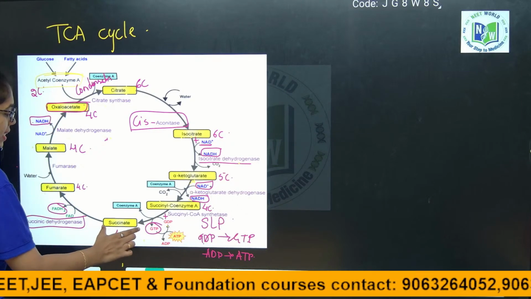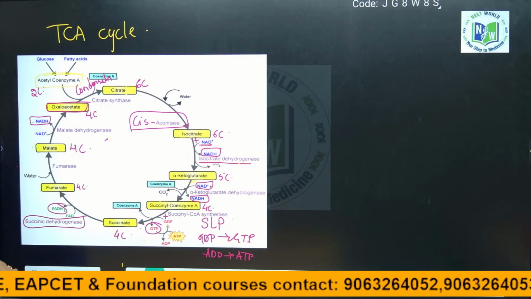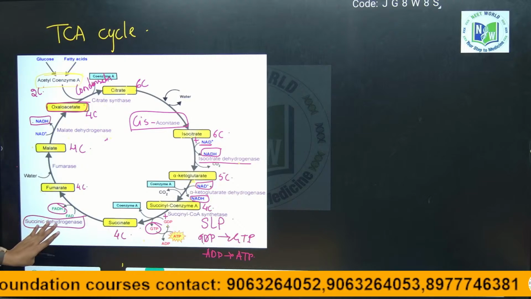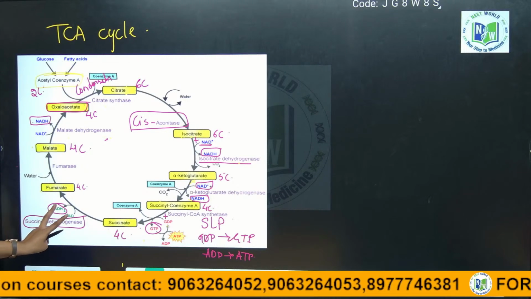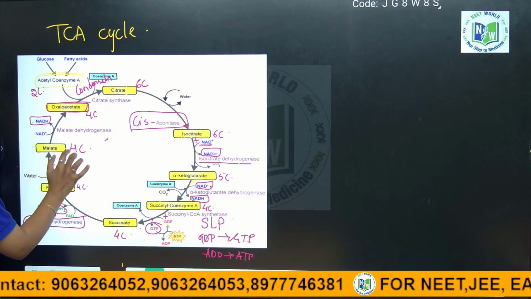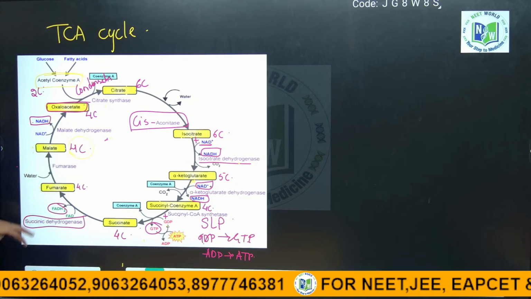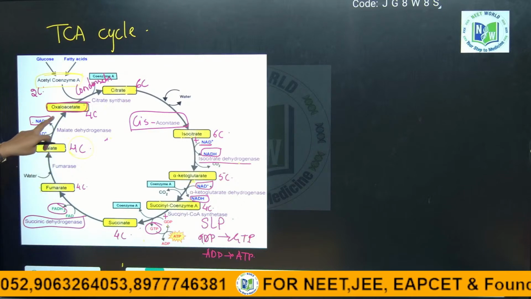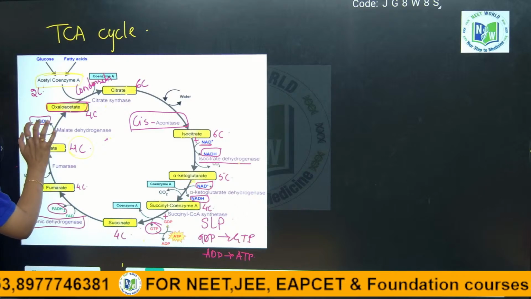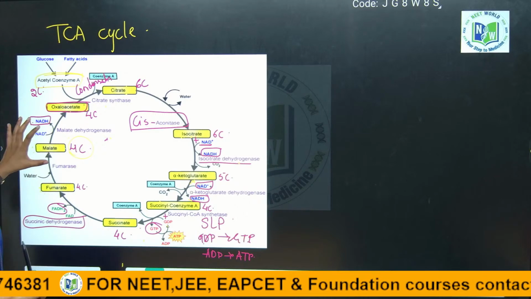Next, succinate to fumarate, a 4 carbon compound, catalyzed by succinic dehydrogenase, and here also one FADH2 molecule is released. Fumarate to malate, a 4 carbon compound, by the enzyme fumarase. Malate to oxaloacetate is the last step of the Krebs cycle, where again one NADH molecule is released.